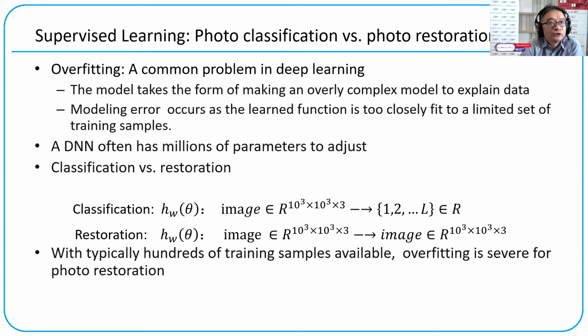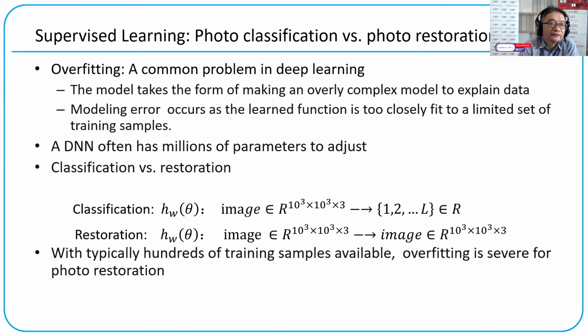Why it is not true is that we have the so-called overfitting problem. Usually a deep neural network will have millions of unknowns, and we don't have millions of images to train a network. So overfitting means it might do well on the training data, but it will do poorly on testing data.